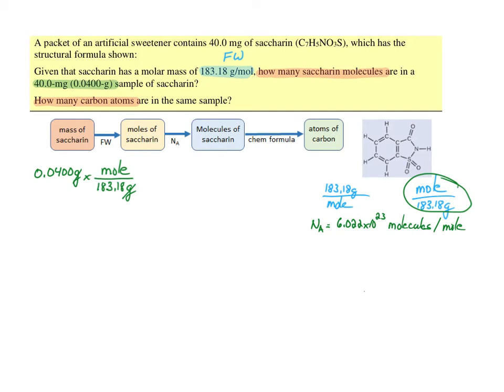So we can write two different conversion factors: 6.022 times 10 to the 23rd molecules is equivalent to a mole, and we can write that a mole is equivalent to 6.022 times 10 to the 23rd molecules.